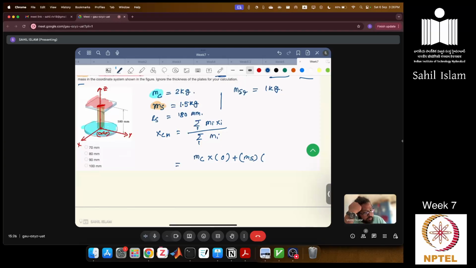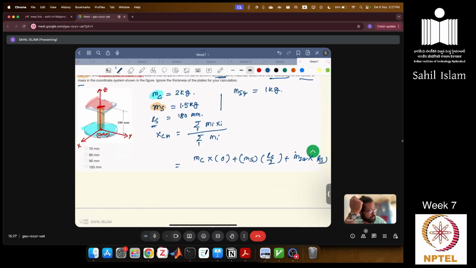This whole shaft has a center of mass at its center because of symmetry, so Ls by 2 will be the location. Plus m square times the location of the square, which is just Ls, divided by mc plus ms plus m square.